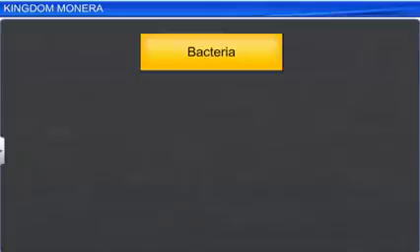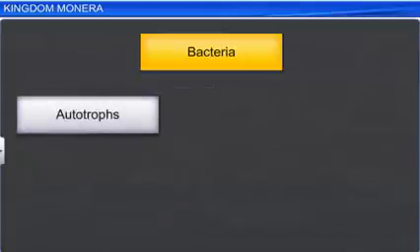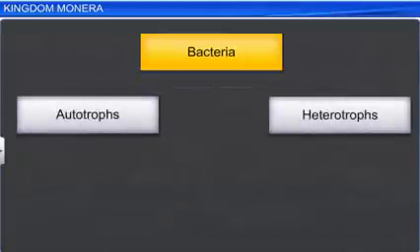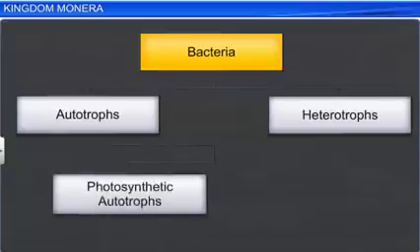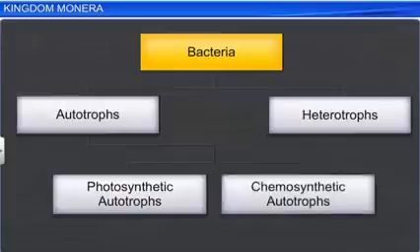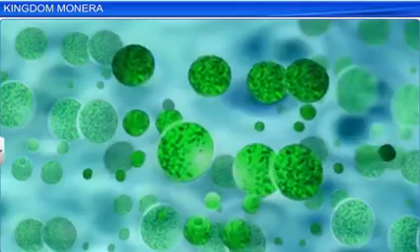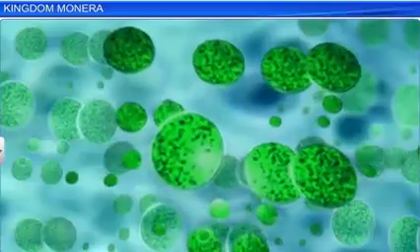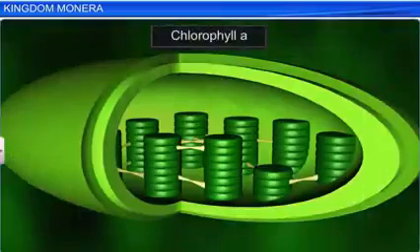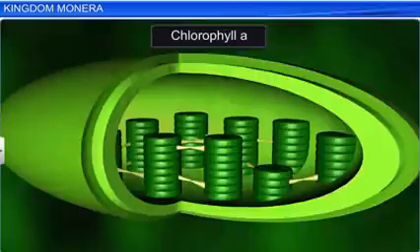Bacteria can be divided into autotrophs as well as heterotrophs. Autotrophs can be further classified into photosynthetic autotrophs and chemosynthetic autotrophs. Like plants, cyanobacteria have chlorophyll a, and they are, like them, photosynthetic autotrophs.